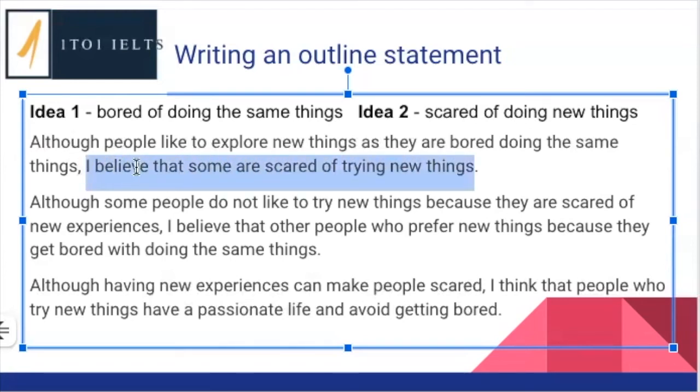So we've definitely got a second idea, so we've definitely got two points of view. But what is our opinion here? What is the opinion that we need to give? What looks like the opinion is here: some people are scared of trying new things, but we've already had that stated.